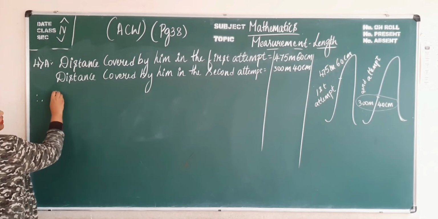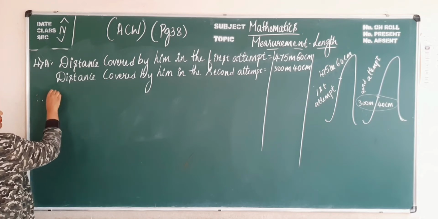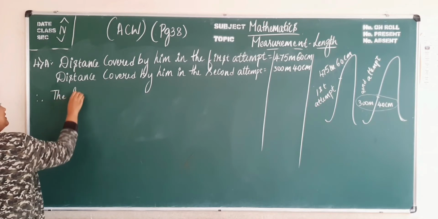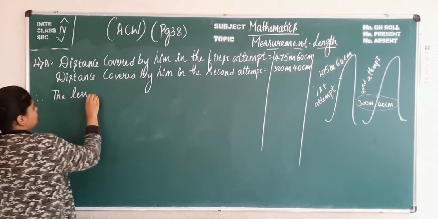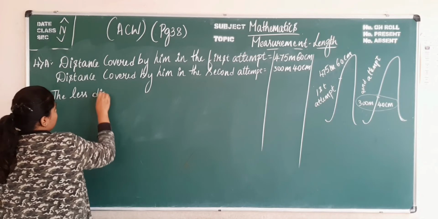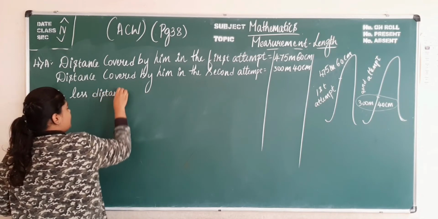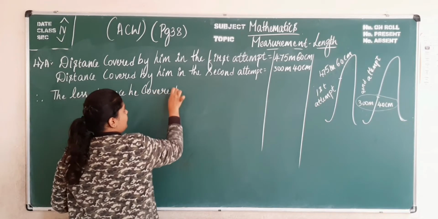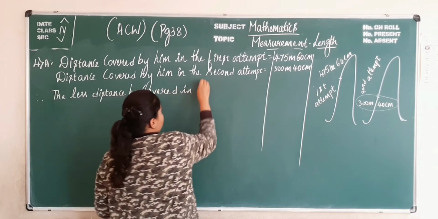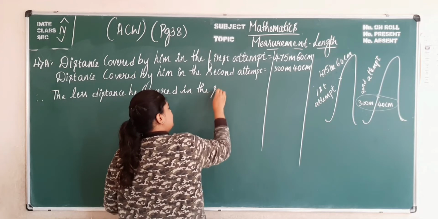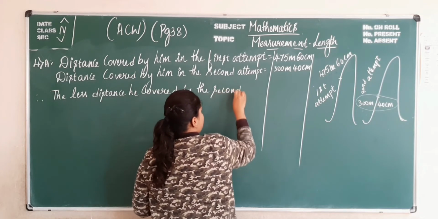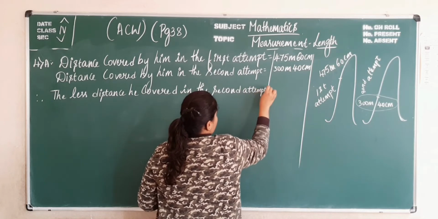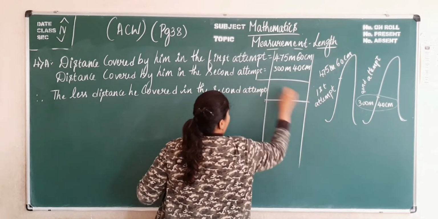Therefore, the less distance he covered in the second attempt is equal to, how will you do?